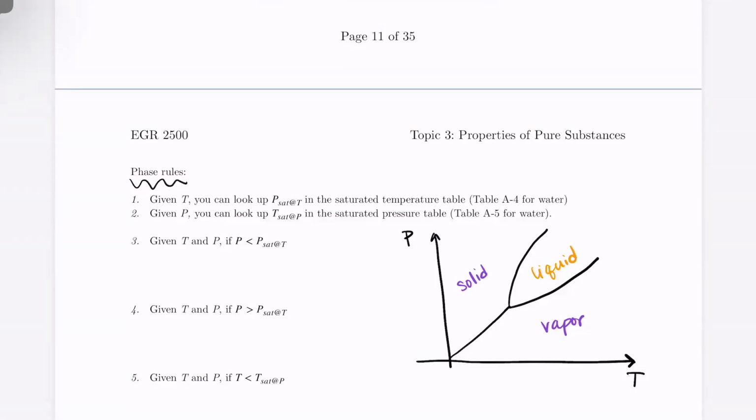All right, so if we are given T and P is less than the pressure of saturation at that temperature.